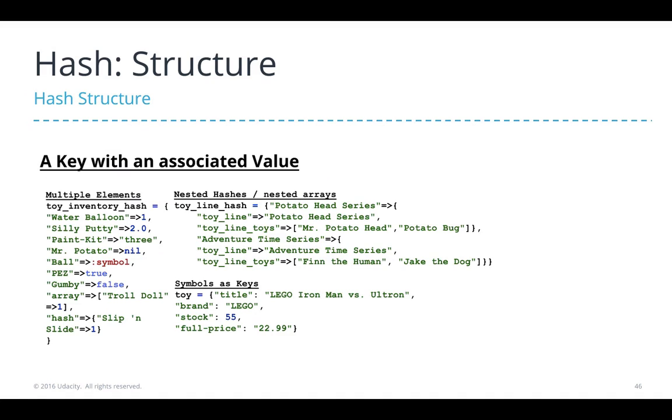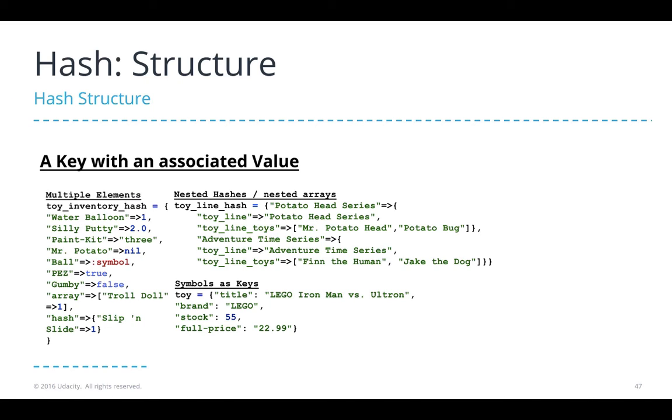Let's look at some different hash structures. Again, a hash is a key with an associated value, and these values could be made up of multiple different elements. Here we have a toy inventory hash with a series of different keys: water balloon, silly putty, paint kit, Mr. Potato, ball, Pez, Gumby, array, and hash. The values that each of these keys holds are very different.